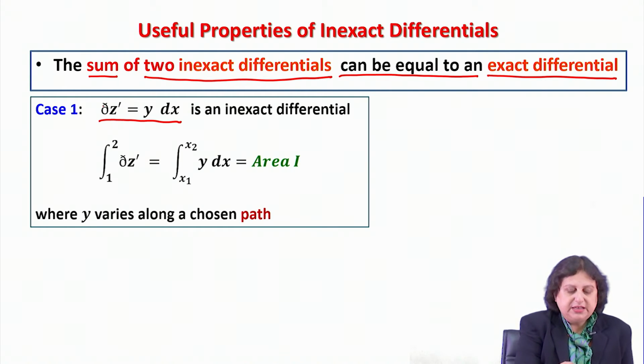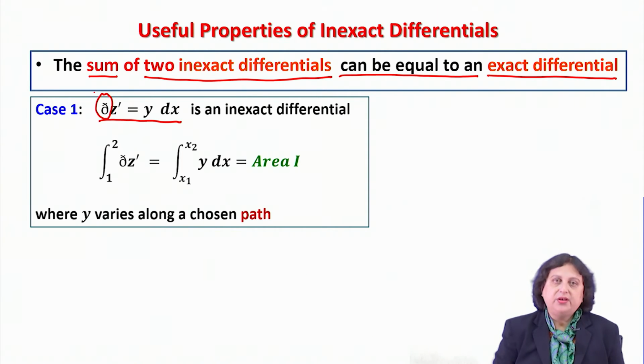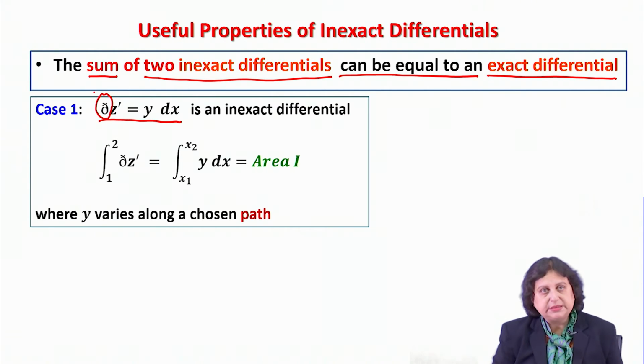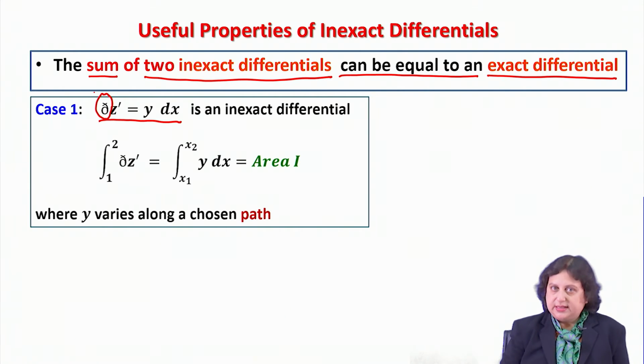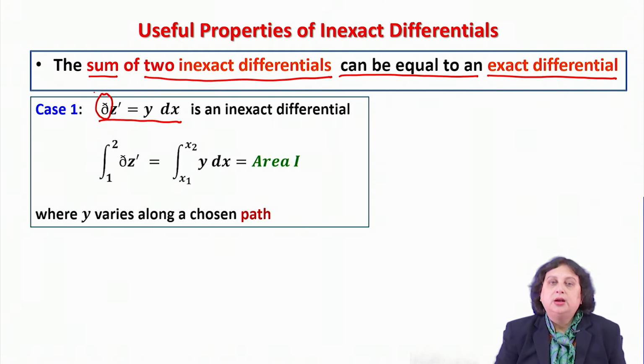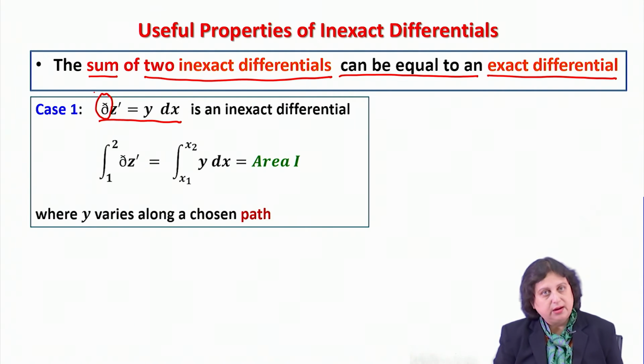Rather, I am using a special symbol, del with a cross on the top. So, whenever I am using a notation like this, the message is this is an inexact differential. Now, what happens if I integrate this inexact differential? Integration, as you know, corresponds to finding out the area under a curve.